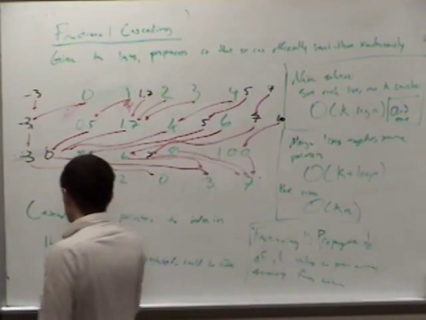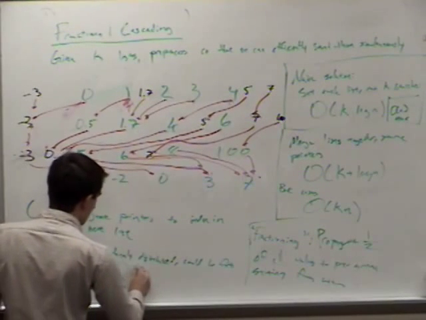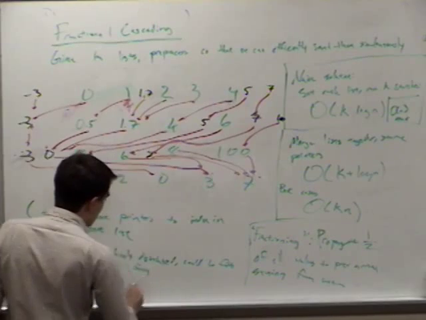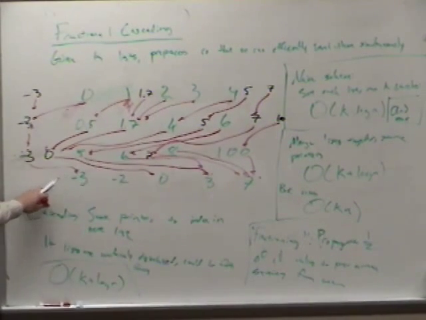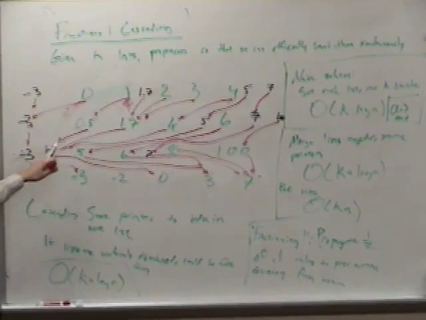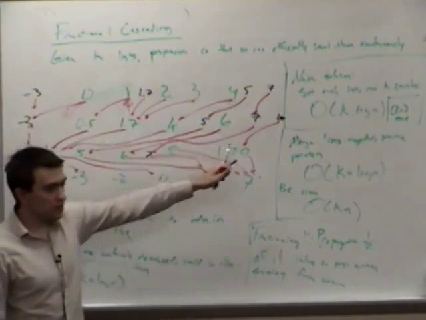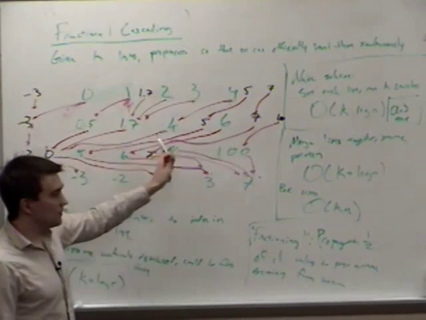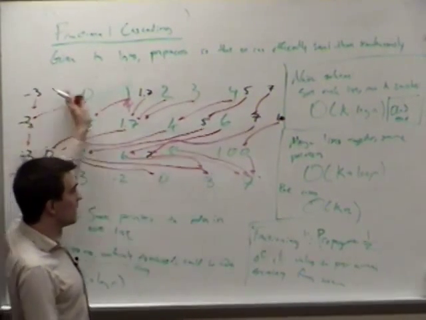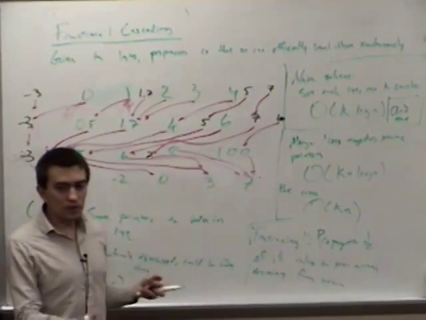Now, how much space does fractional cascading use? If we think about this in terms of space, we basically added half here. Then we have a quarter of the bottom array plus half of this array gets propagated up, then an eighth of the bottom array, and so on. So we have sort of this geometric series.